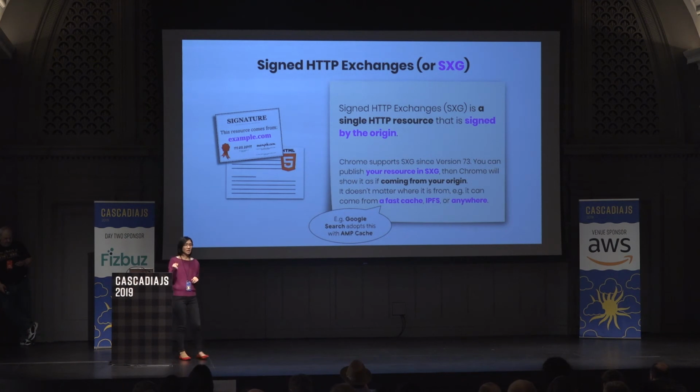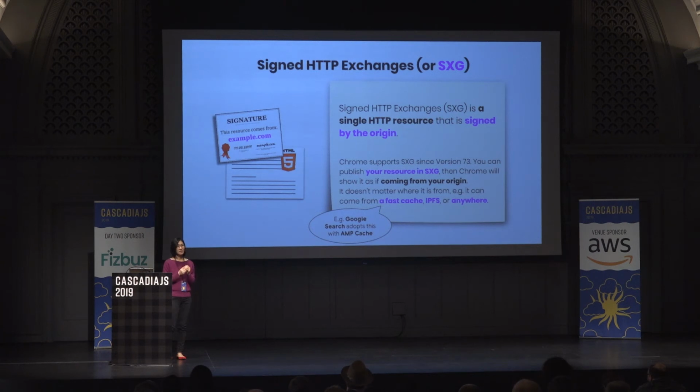If you've heard of web packaging before, you might have also heard of the feature called Signed HTTP Exchange, or SXG. It's also a part of web packaging, and Chrome actually already ships this one. It's basically about a single HTTP resource signed by an origin.